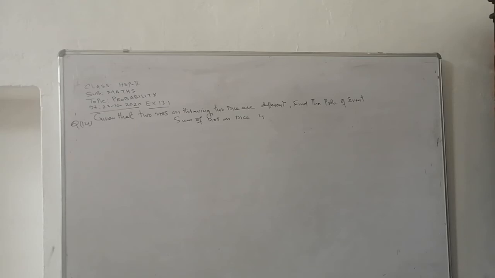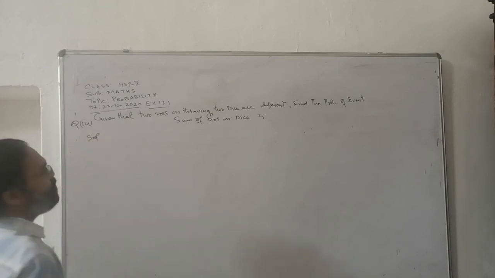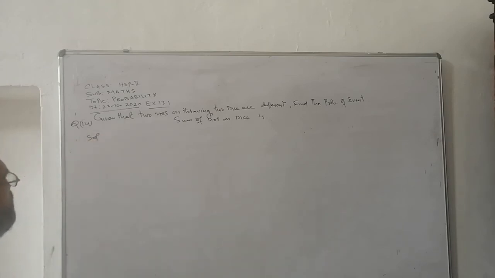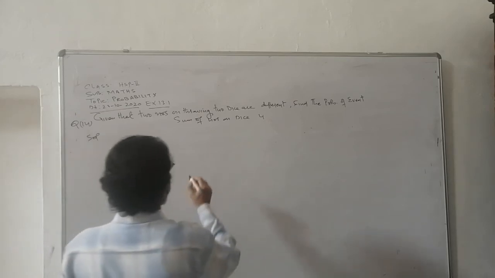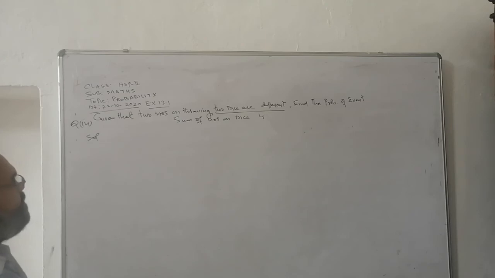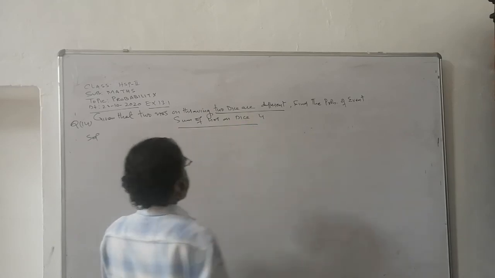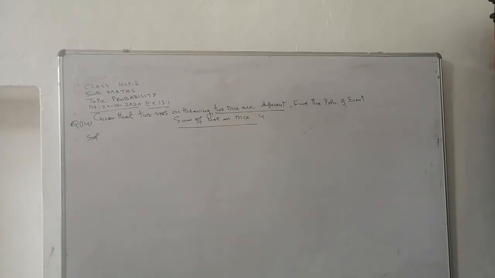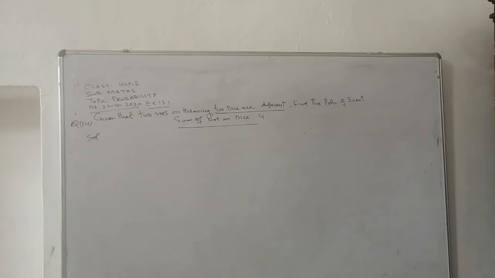So in this question, two events are given. One event is that the dice show different numbers. This is event F, and the other event is that the sum of the numbers on the dice is 4.